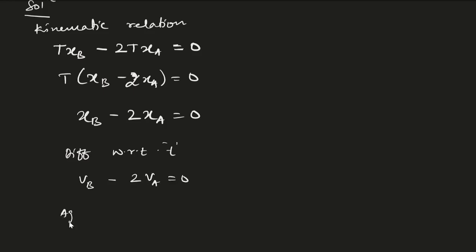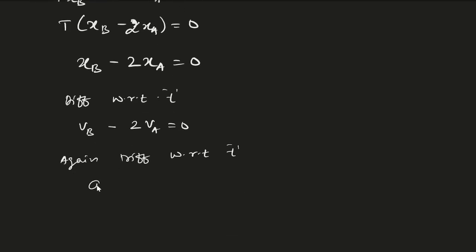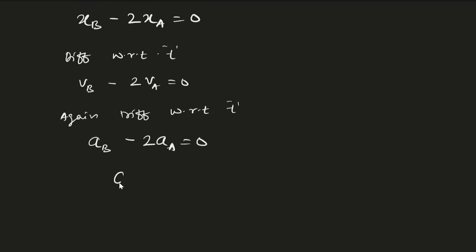Again differentiating with respect to t to get the acceleration, that is A suffix B minus 2 A suffix A. This will be equal to 0. So if you see, the acceleration of B is equal to 2 times the acceleration of A. Okay, this is our first equation.